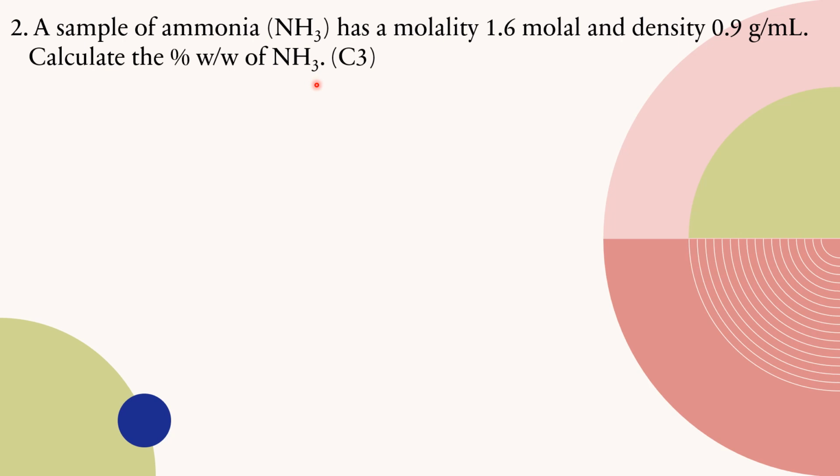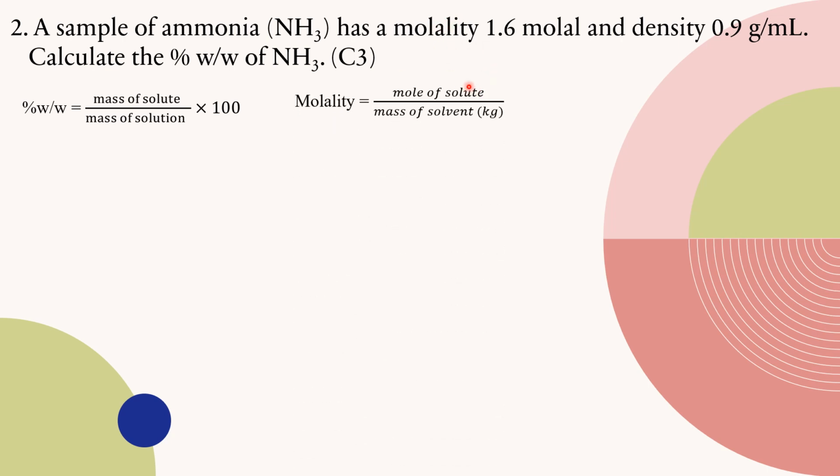So let's come up with the formula of the question. So the question asks to calculate the percent by mass, the formula. And then the provided data is molality and density. So check the mass of solute and mass of solution.